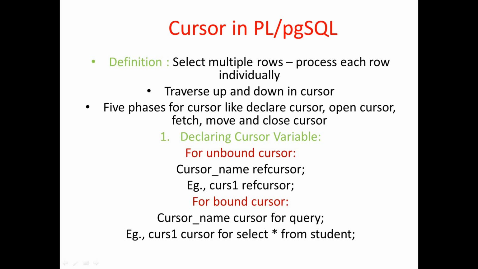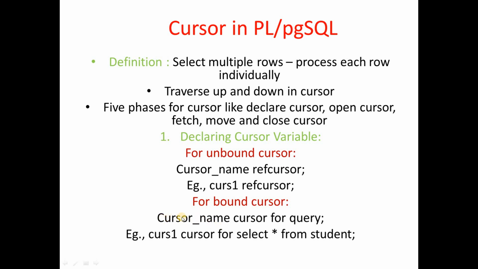The variable which is declared with type cursor, and along with that variable name you provide a particular SQL query, then that cursor is a bound cursor. Because at the time of cursor variable declaration, we know that this particular variable holds the result set of this particular query, and that's why this is the bound cursor. So what is the syntax?